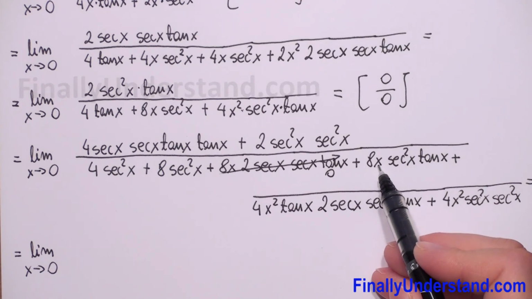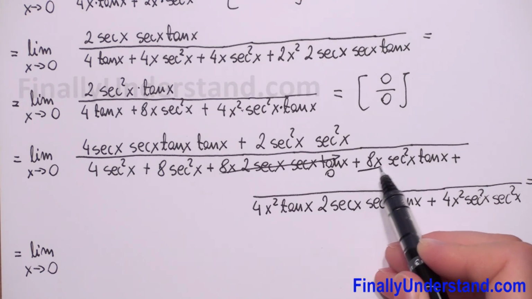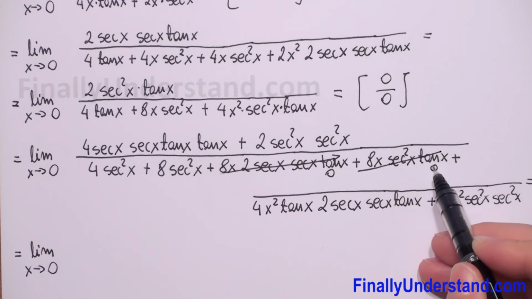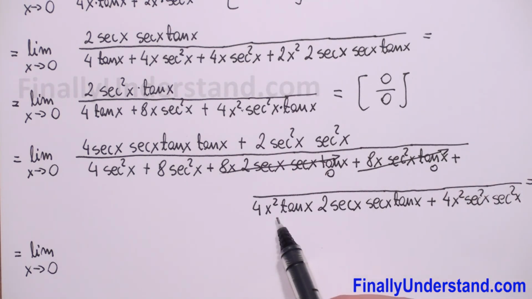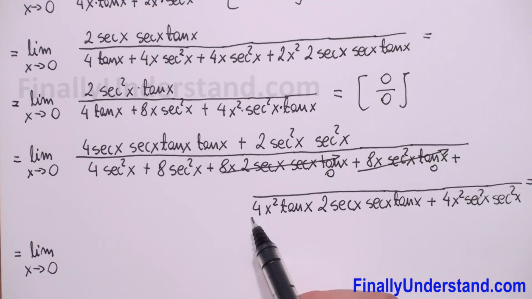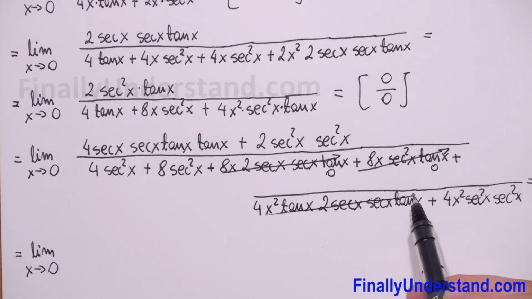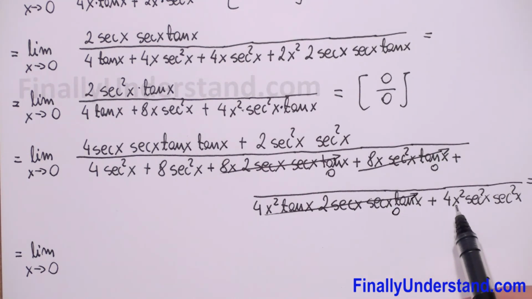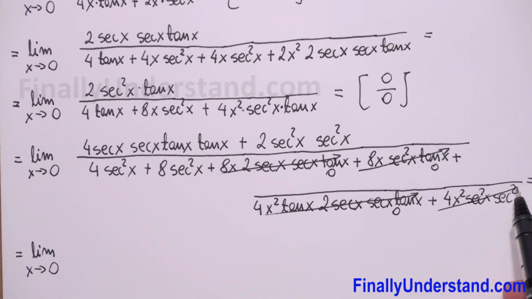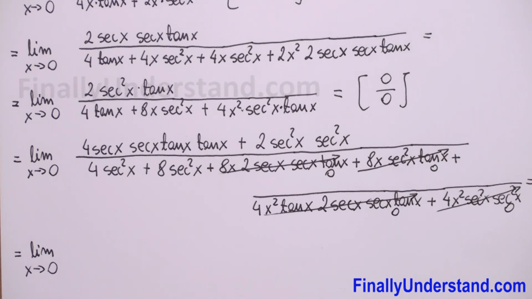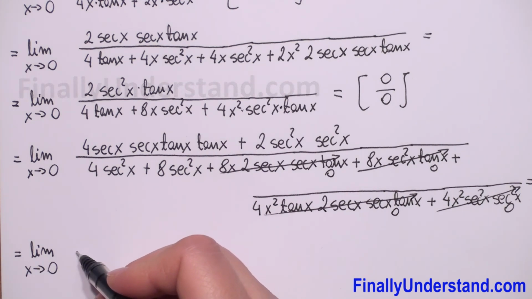Here we have the same, x approaches 0, so this whole expression going to 0. Next we have here x squared, again this whole expression going to 0, and we have x squared, so this part going to 0 too. So what we have here, let me copy this.